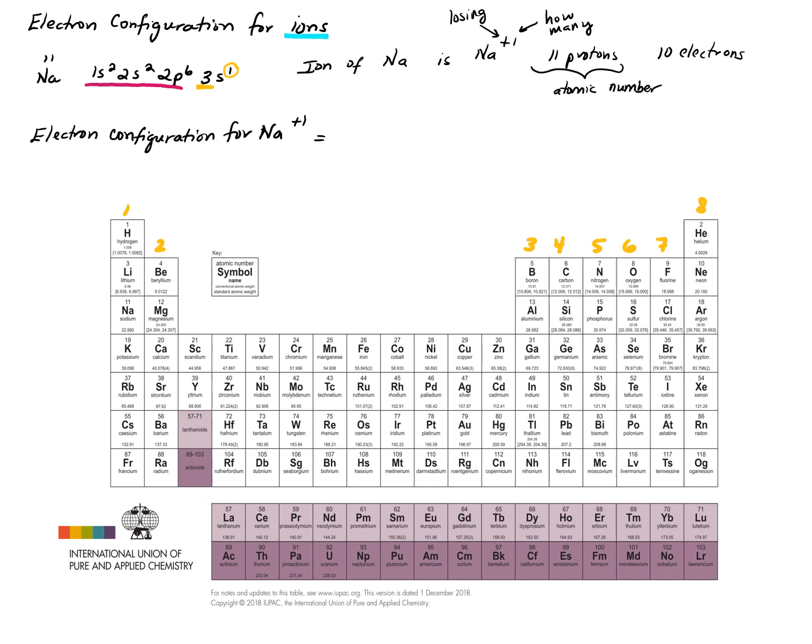But now, instead of 11 electrons, with a charge of +1, losing 1 electron, the ion of sodium has 10 electrons. So we can write the electron configuration for Na+1 with 10 electrons, not 11, because we have the ion with a charge of +1.